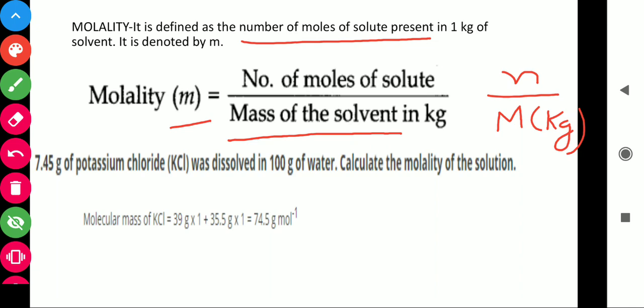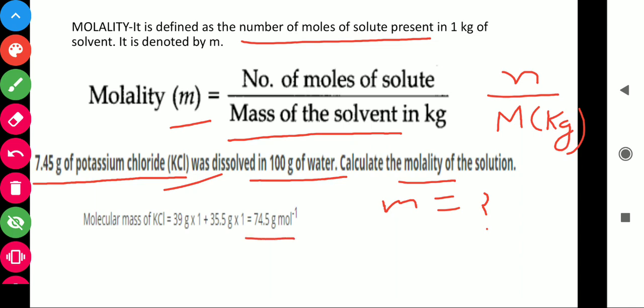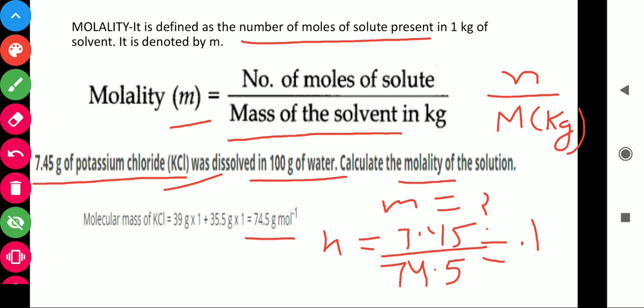If 7.45 gram of KCl is dissolved in 100 gram of water, calculate molality. It means small m is the question mark. First we will calculate the molar mass of KCl. This will be 74.5. Now number of moles is 7.45 upon 74.5, that is 0.1 mole. Small n is 0.1 mole.